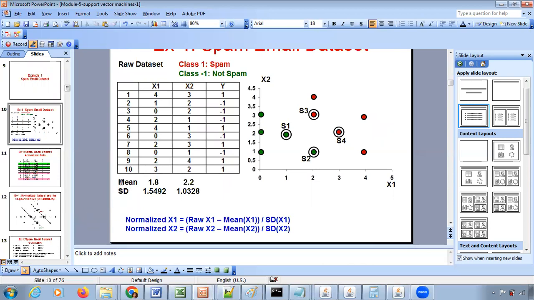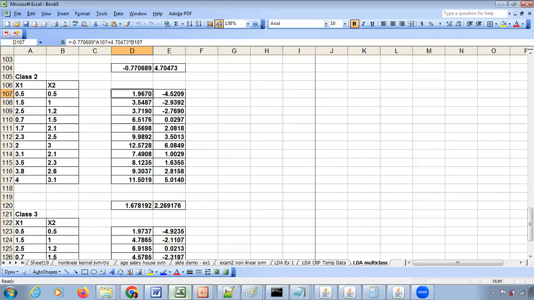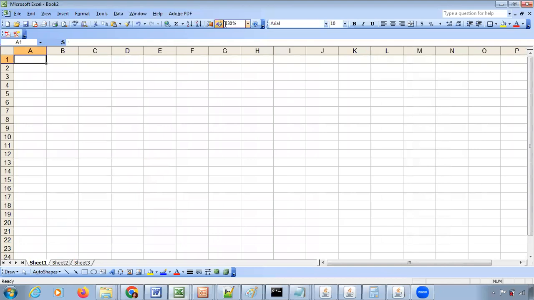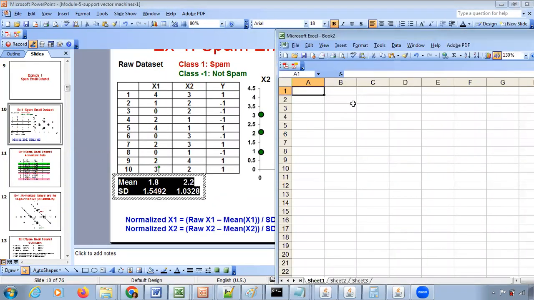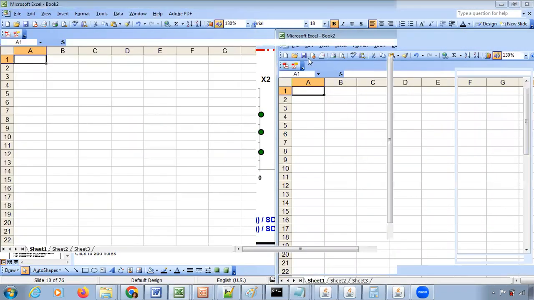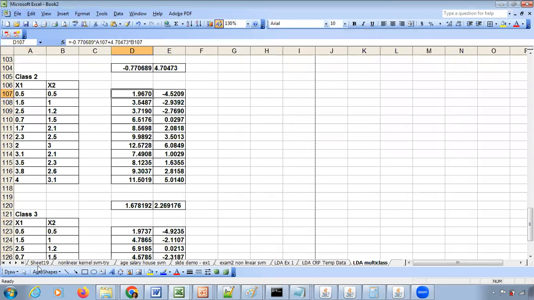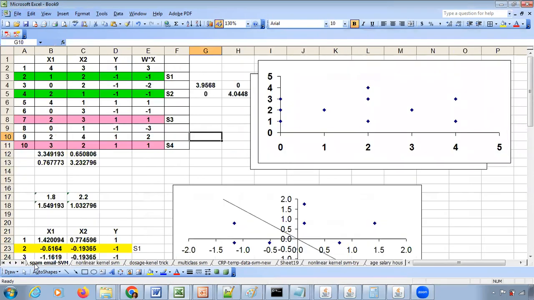First thing we need to do is find the mean and standard deviation of the features. So I'll start with my Excel display now. This is the spam email case, so I should have the data set here. Let me copy this.